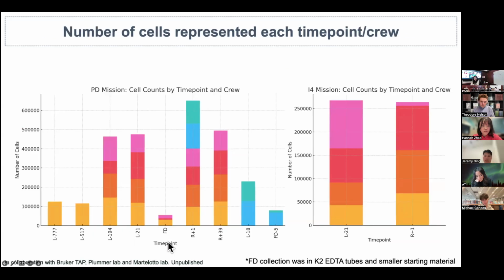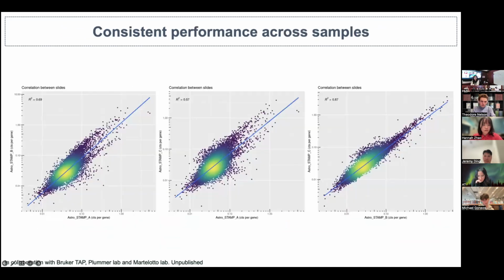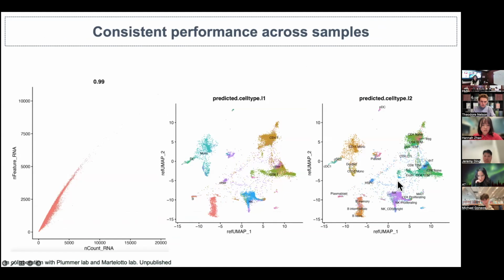One additional benefit here is that this is a sample we collected during the flight, when they're actually on space flights. These samples, collected over different tubes, probably would not have survived single cell library prep, whereas we just fix them right away and run spatial. We were able to collect this amount of samples already to use for our biological information. We're seeing consistent performance across different replicates and samples.